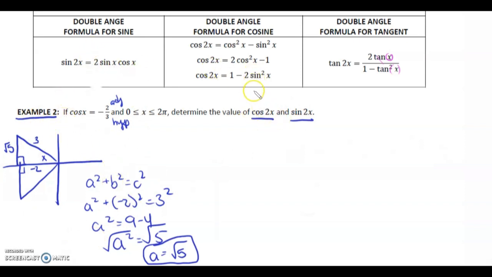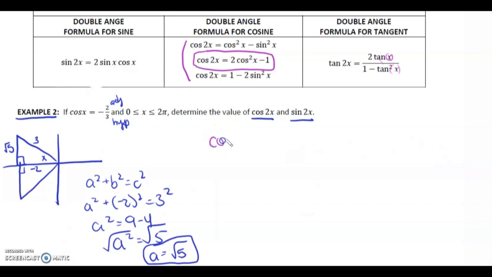Okay, cos 2x. So cos of 2x, I'm going up here. Which equation do I want to deal with is the question. So we do have a value for cos x. So if we dealt with this middle equation, and again, all these equations are going to give you the same answer, so it's not going to matter which one you use.